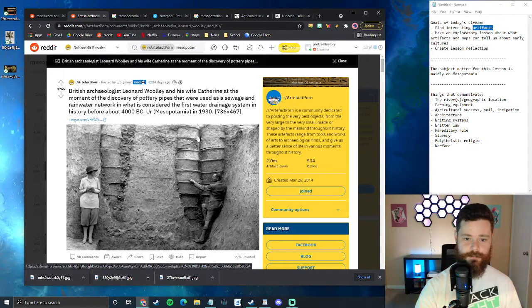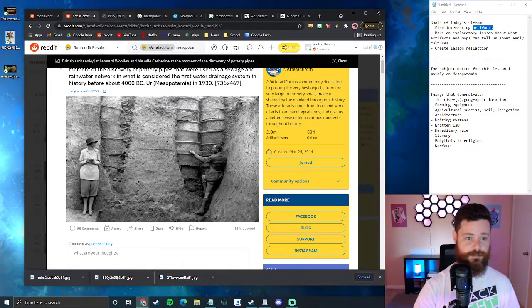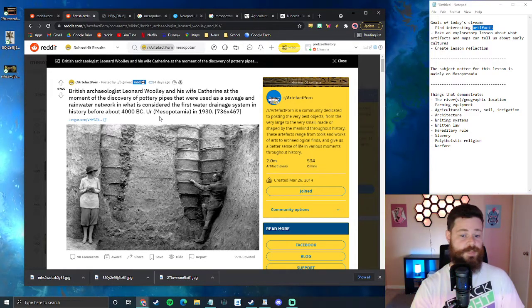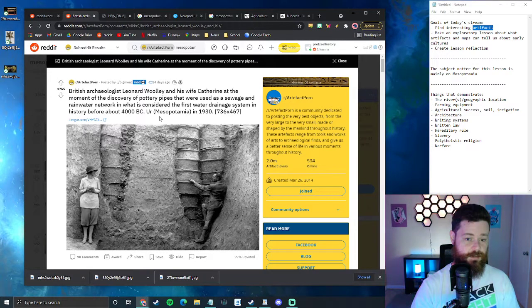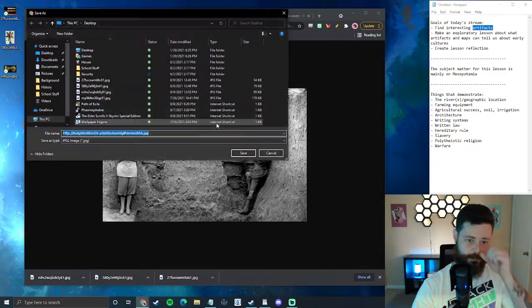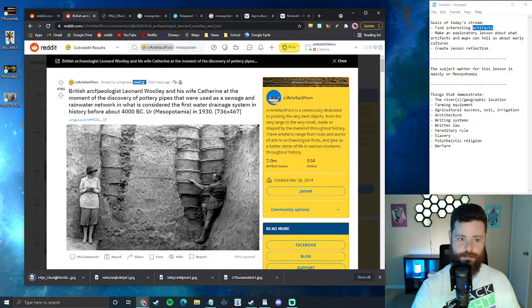So if these were the sewage and rainwater network for a drainage system, this could tell us a lot about the civilization. It could tell us about their technology. It could tell us about potentially their standard for either cleanliness or just being able to get rid of extra water. So yeah, that would actually be really helpful. Okay, so I'm going to include this.